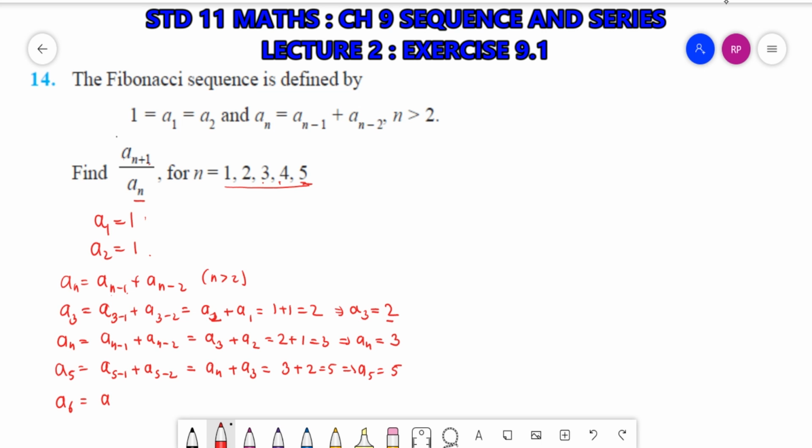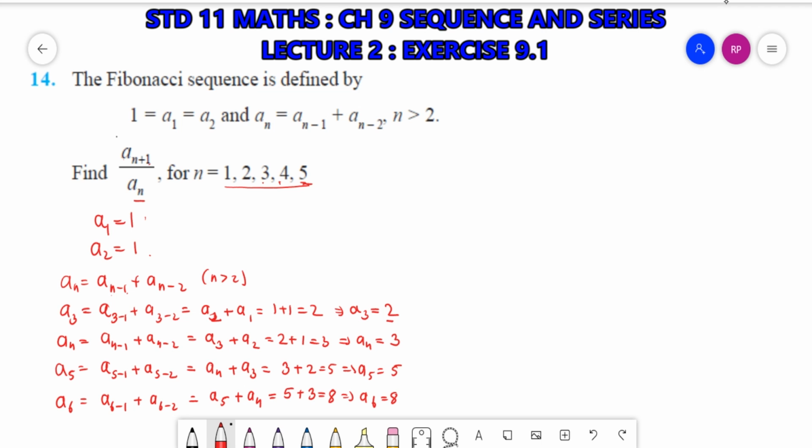A6 is A6 minus 1 plus A6 minus 2, that is A5 plus A4. A5 is 5 and A4 is 3, that is equal to 8. So A6 is equal to 8.